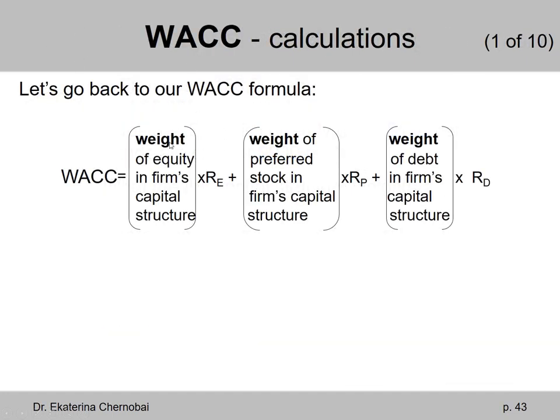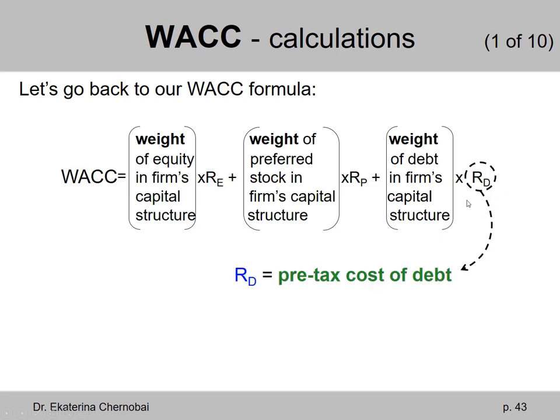Okay, let's go back to our weighted average cost of capital formula. We know where the weights are coming from. We know from even earlier slides how to find the cost of equity RE, the cost of preferred stock RP, and the cost of debt RD.